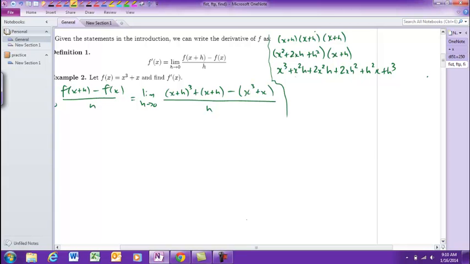So I can combine these, they are like terms. So this is x cubed plus 3x squared h, and then those two are like terms. They both have an h squared x. So this is 3xh squared plus h cubed. And that big, long, ugly expression is what I'm going to plug in here for x plus h cubed.